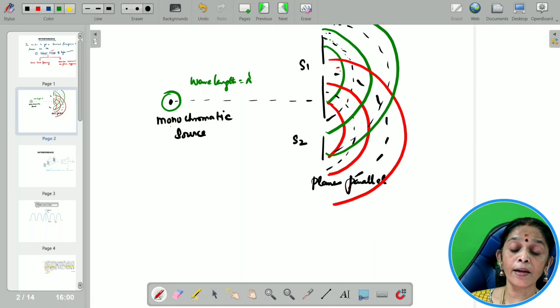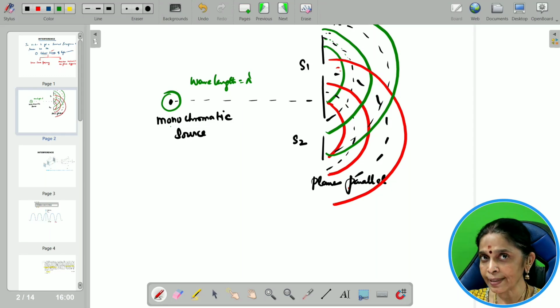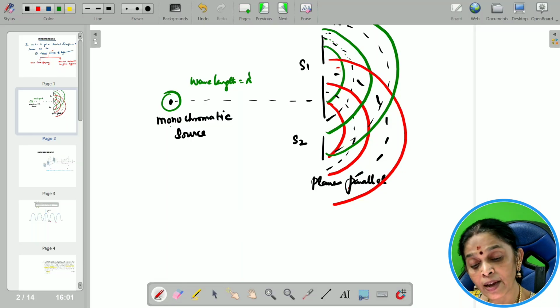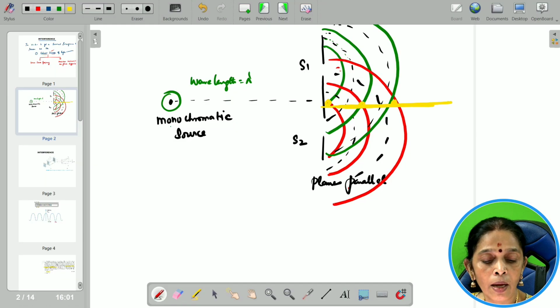When you see that on the screen, I have not drawn it to scale. If you scale it and then draw, as we have already seen in the simulation, you will notice that exactly at the center, you will get a maxima.